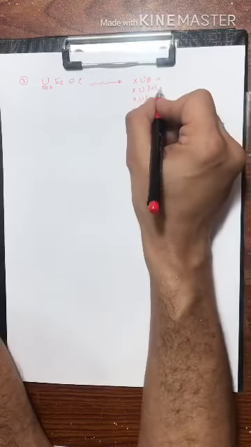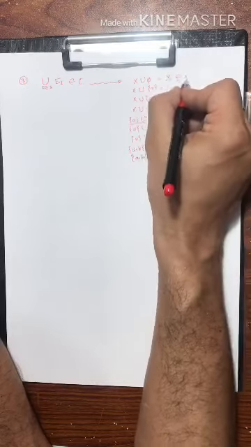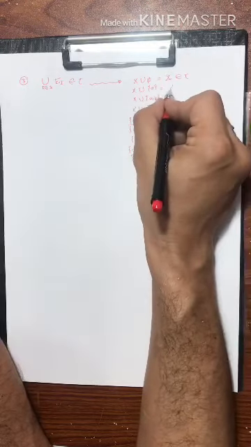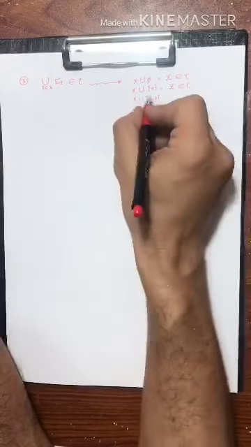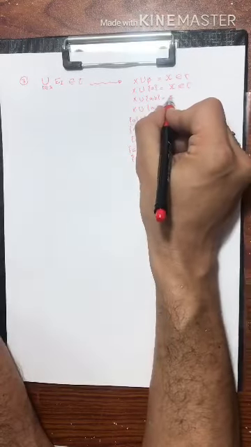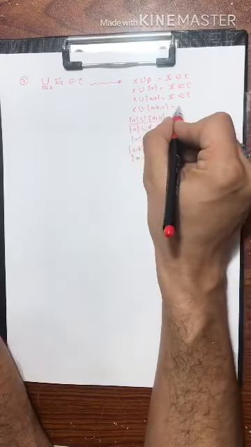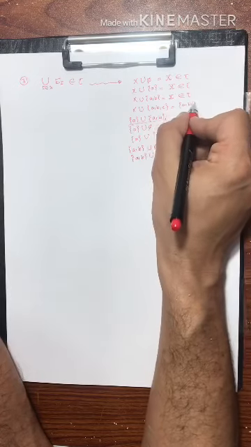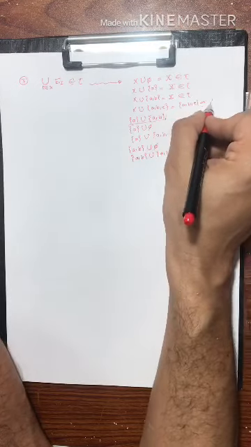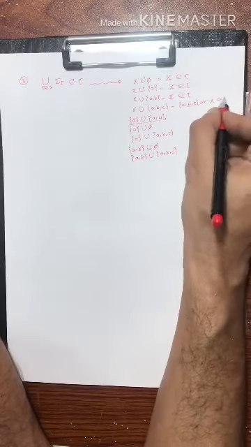The result of all this: here the result is X, and X belongs to tau. Here the result is X too, and it belongs to tau. Here the result is X, and here the result is ABC, or X, and this belongs to tau.